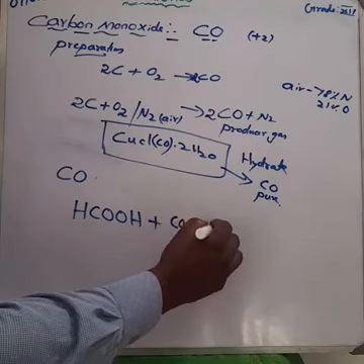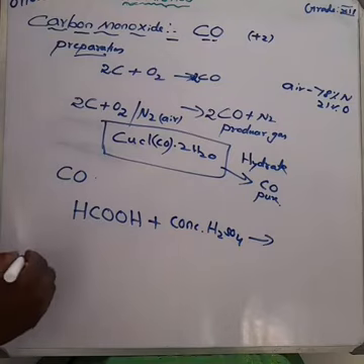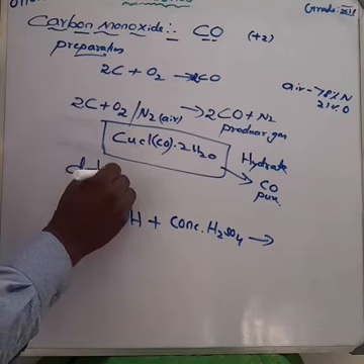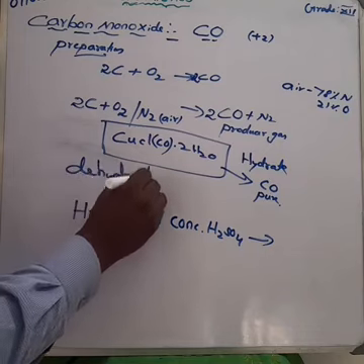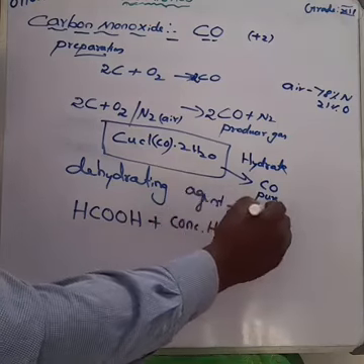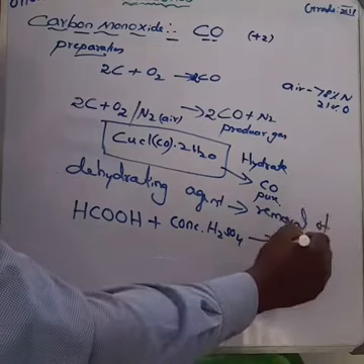Why are we adding concentrated sulfuric acid? Concentrated sulfuric acid is a dehydrating agent. What is the meaning of dehydrating agent? The removal of water molecules. Am I right? The removal of water molecules is called a dehydrating agent.